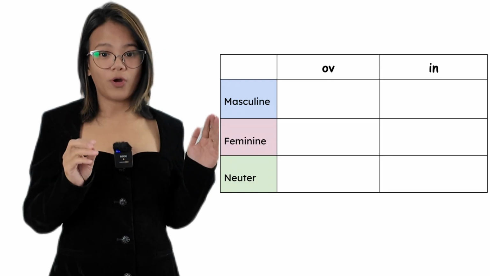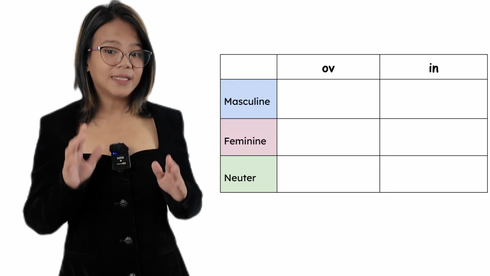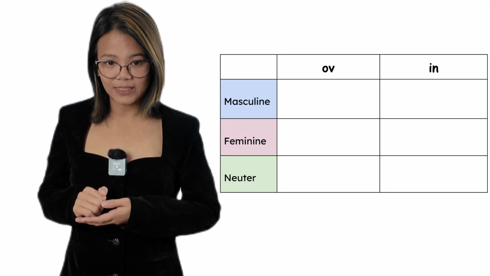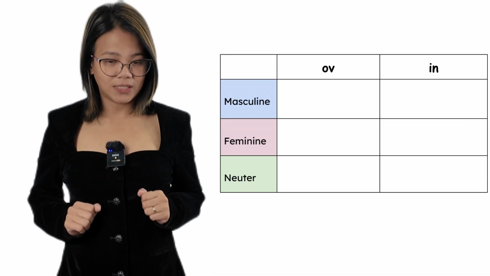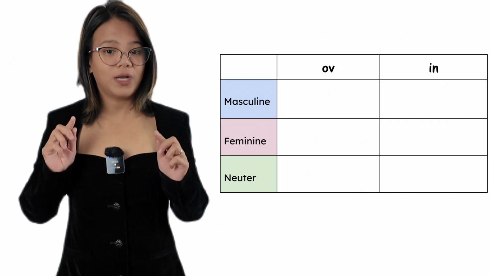Now let us review what we have learned. First, the owner. Add ov or in. Ov for masculine, in for feminine. Then, the ending depends on the gender of the noun being possessed. If the noun is masculine, add nothing. It stays as ov or in.